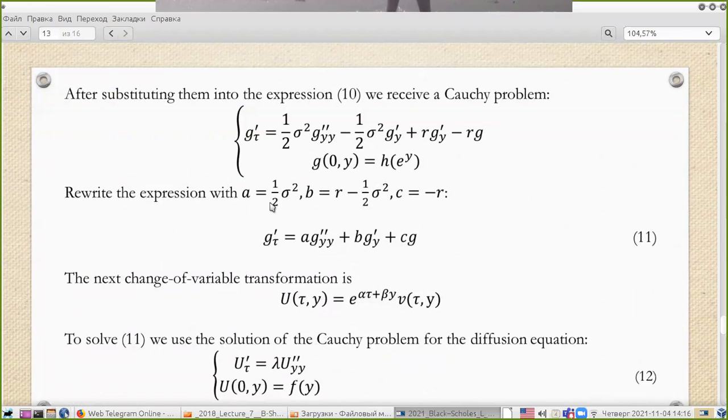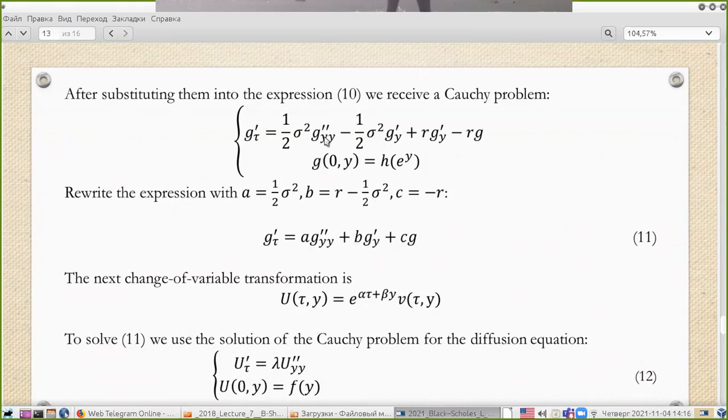Rewrite the expression in other variables. For this, we denote A as sigma squared divided by 2, B as R minus sigma squared divided by 2, and C as minus R. And rewrite this in this form. Why?